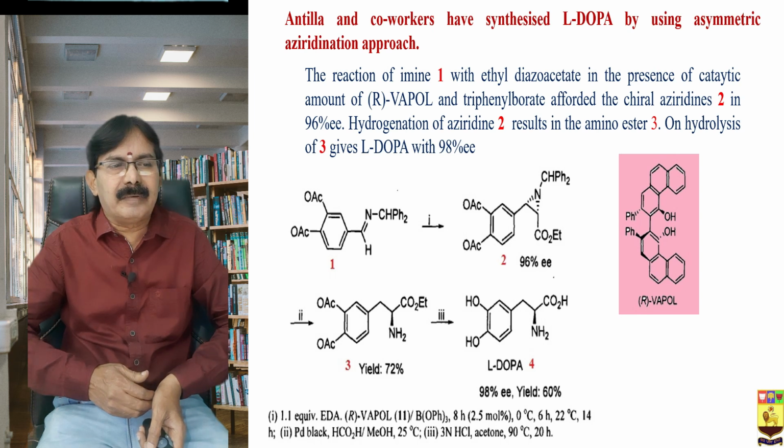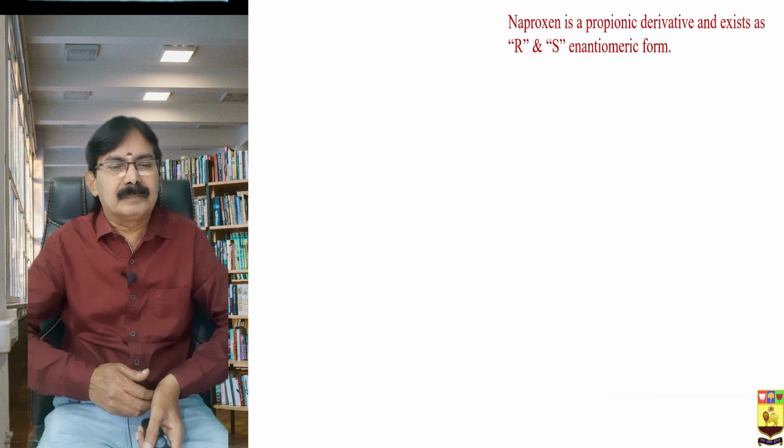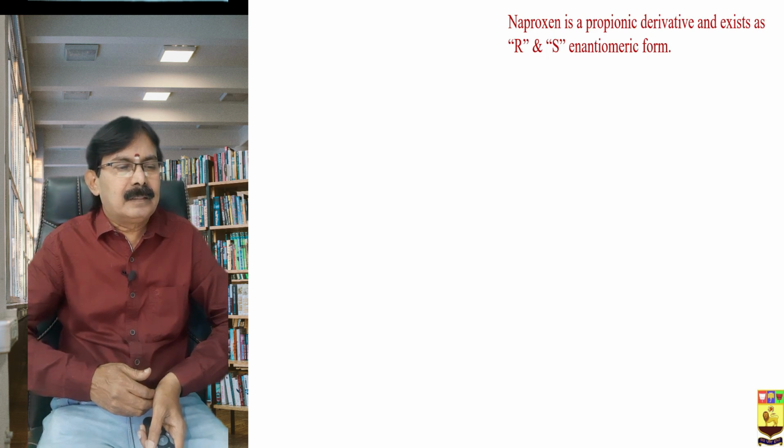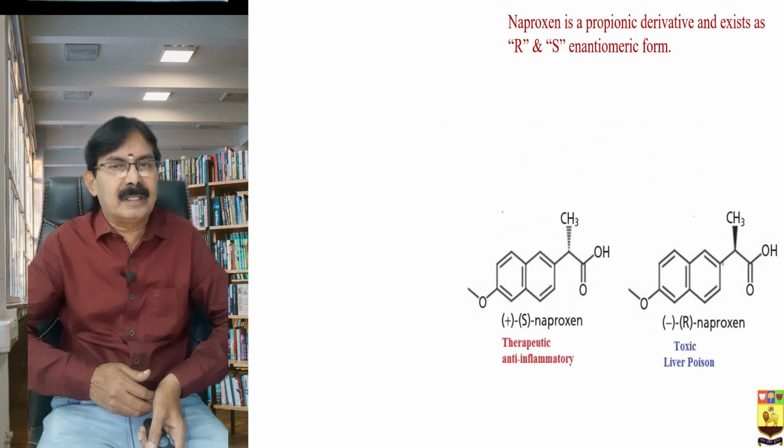Another drug is known as naproxen. Naproxen is a propionic acid derivative and exists in R and S enantiomeric forms. Here the S-naproxen is therapeutic.